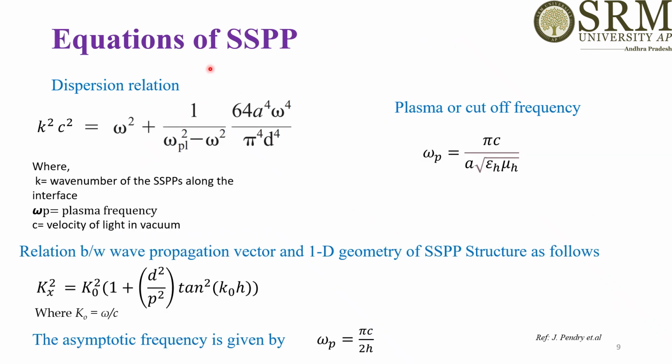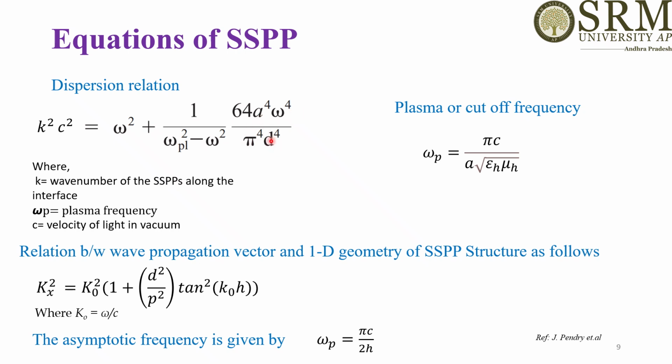The basic equation of this SSPP is the dispersion relation: k squared c squared equals omega squared plus 1 by omega_p squared minus omega squared, times 64 a to the power 4 omega to the power 4 by pi to the power 4 d to the power 4.